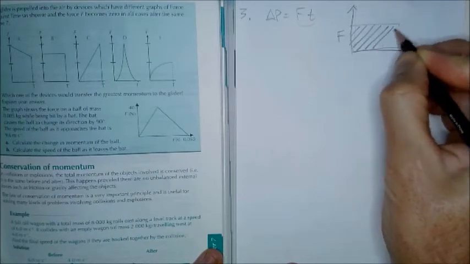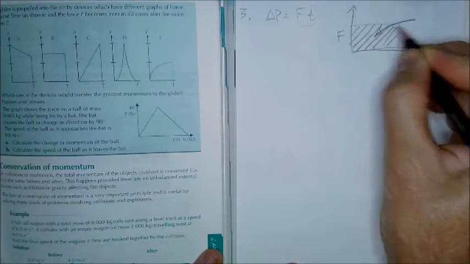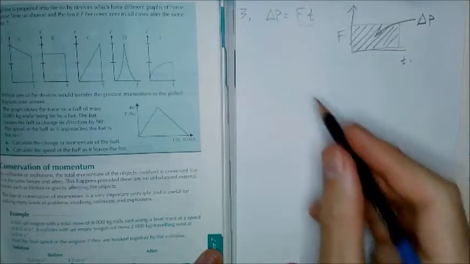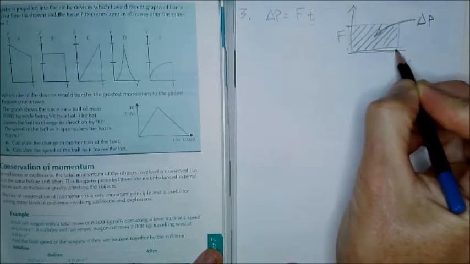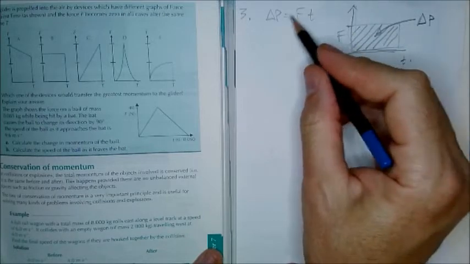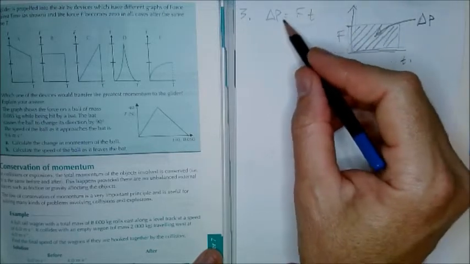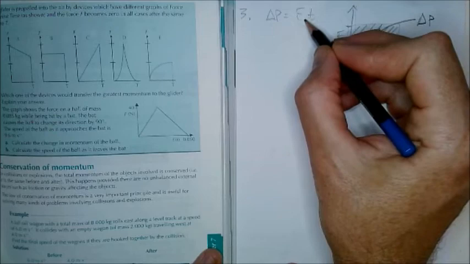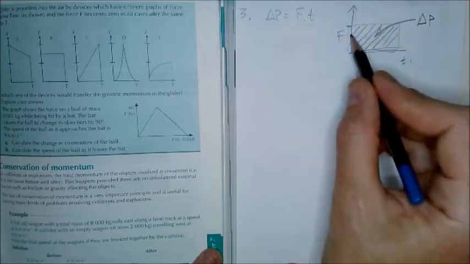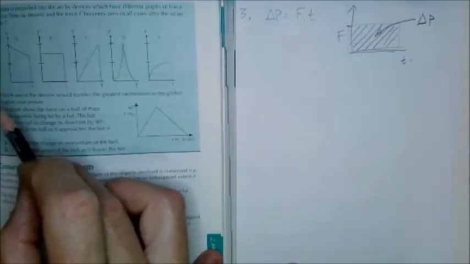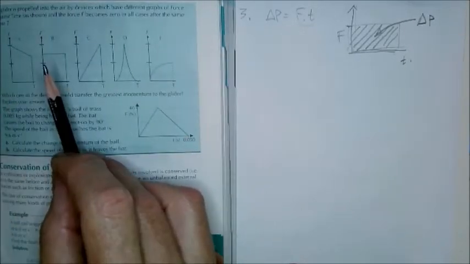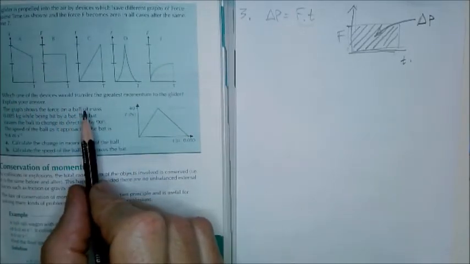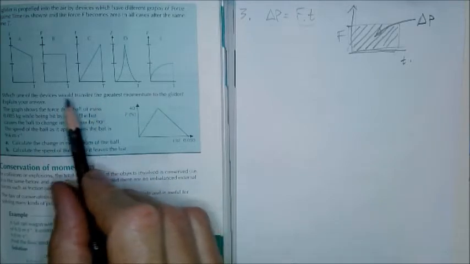This area here is delta P. A rectangle is governed by its side lengths, so delta P, the area here, is represented by the area in a force-time graph. Here we have these force-time graphs, so whichever one has the highest area will have the highest delta P, the highest change in momentum.